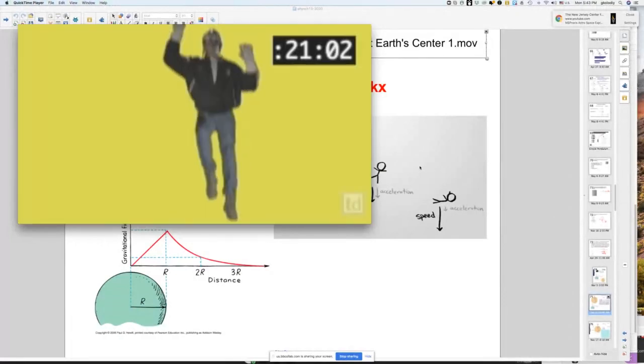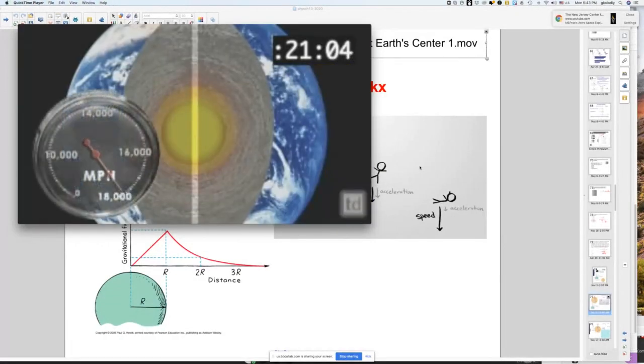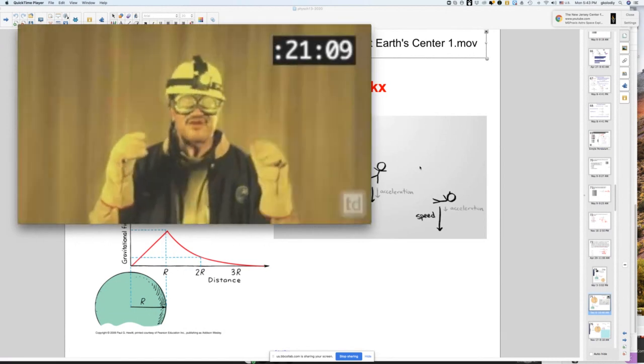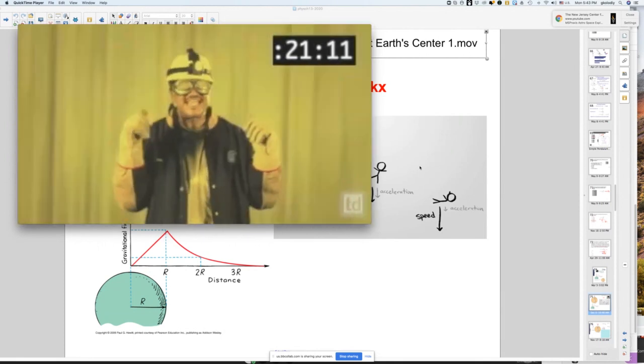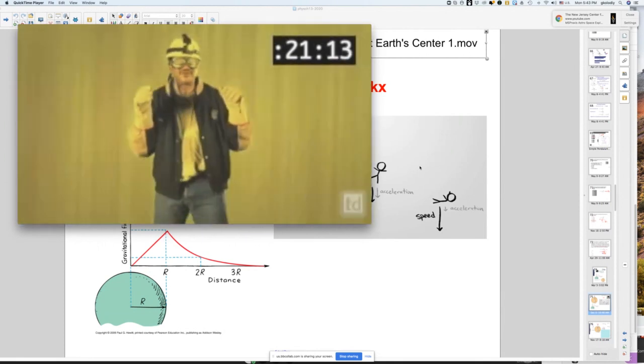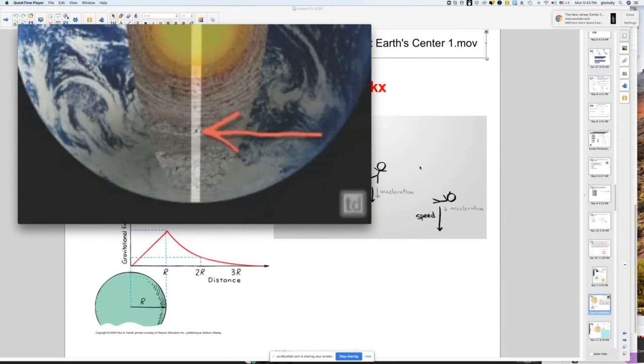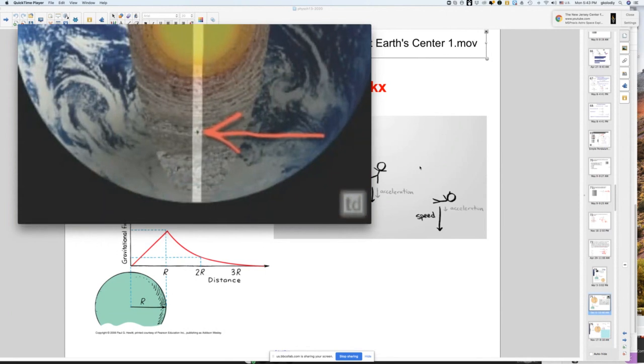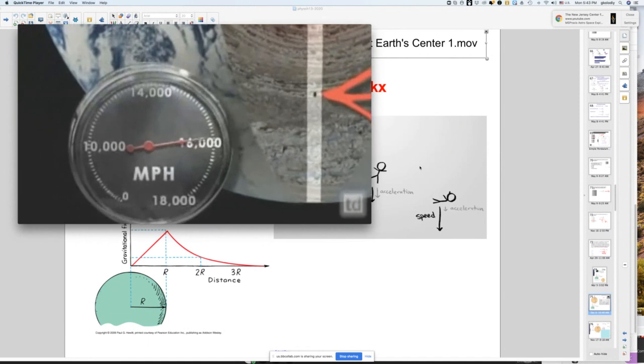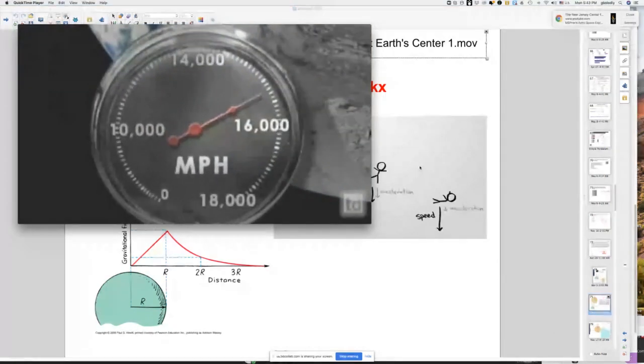21 minutes into my fall, and I'm at the center of the earth, going my fastest, about 18,000 miles an hour. As I pass the center, gravity now works against me, slowing me down. And by the time I make it halfway between the core and the other side of the earth, I'm back down to about 15,000 miles an hour.